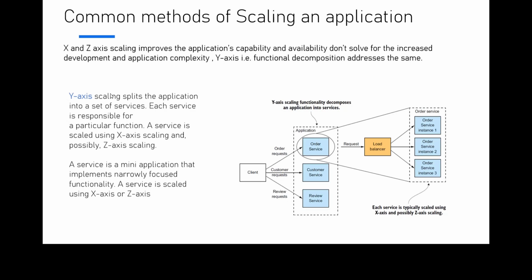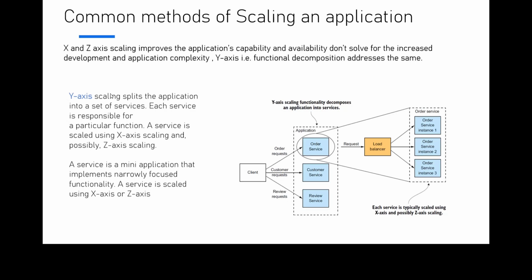Identifying the right services is very important. A service is a mini application that implements narrowly focused functionality. A service is scaled using x-axis or z-axis scaling, but the whole idea is that you first break down your application into different services.